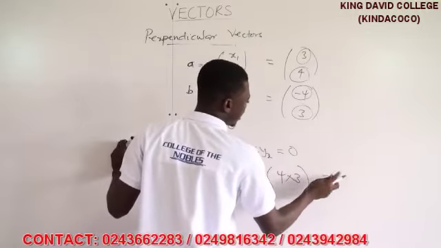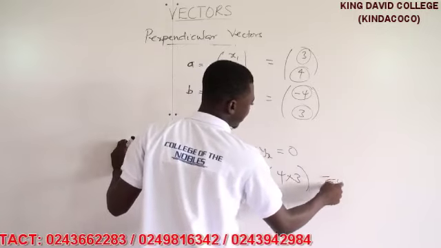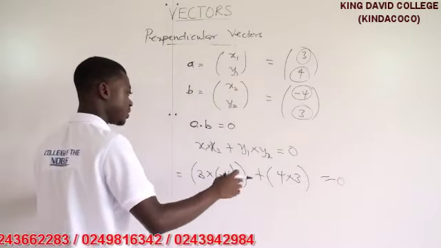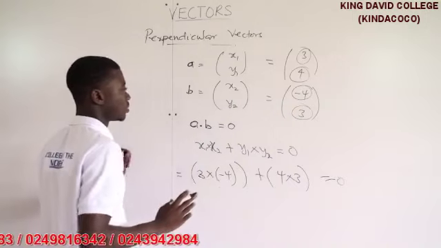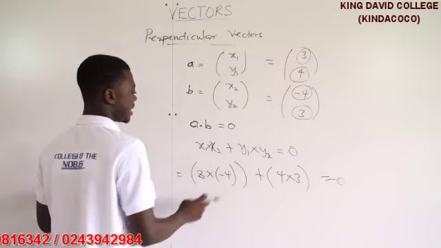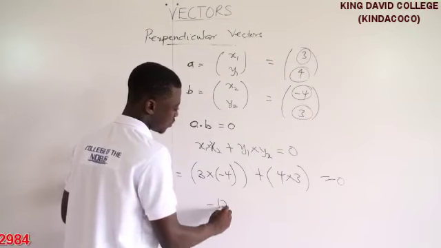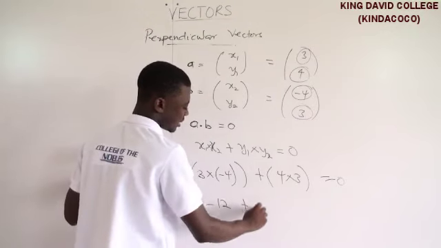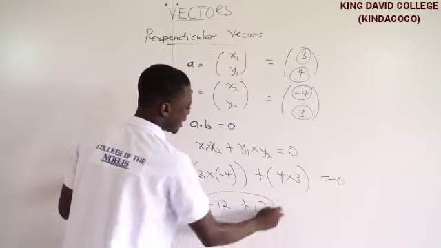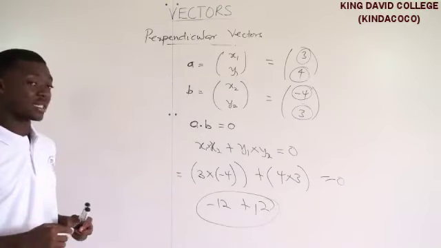This thing should be equal to what? 0. And if it's truly equal to 0, then that's good, right? So then this and that is going to be what? -12 plus +12. So you can see clearly that this place is 0.